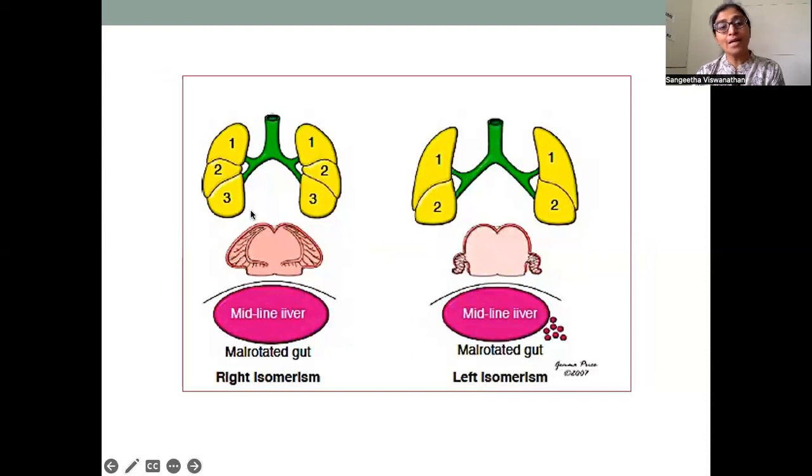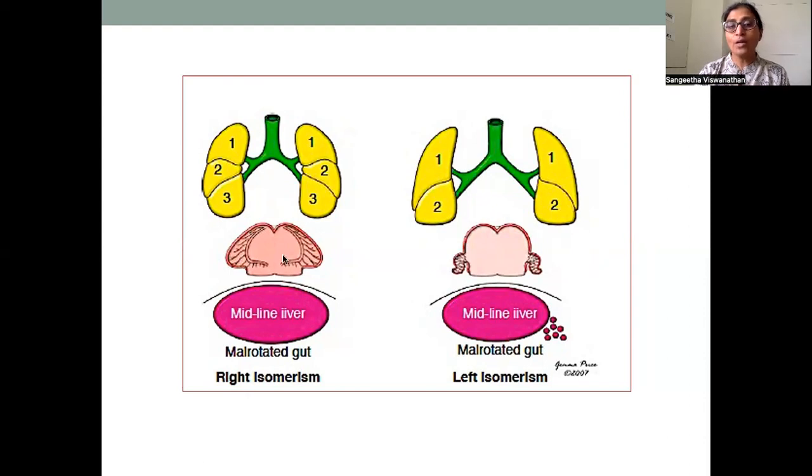Now, if you have right atrial isomerism, you have 2 right atria. You also often have 2 right lungs. So both the lungs are trilobed, and both the bronchi look like right bronchi. The liver is often in the midline, and there can be malrotation of the intestines. Because the spleen is a left-sided organ, the spleen can be absent in these patients, and this is termed asplenia.